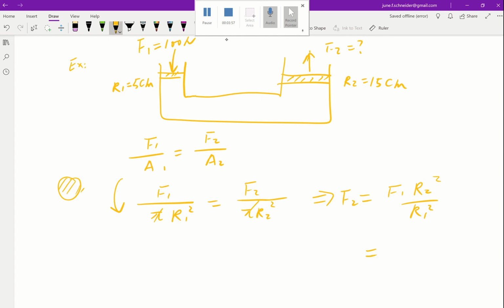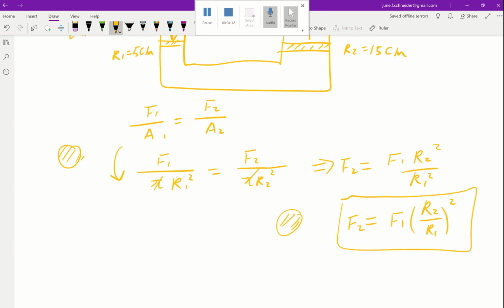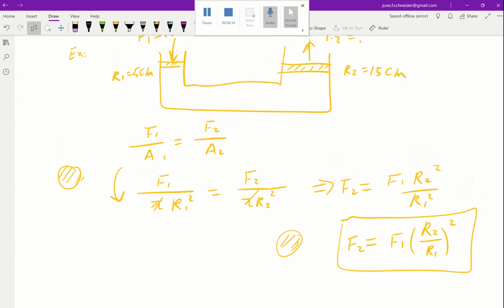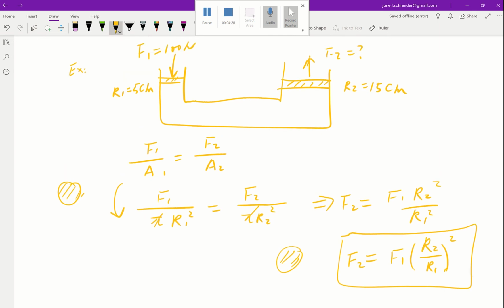Then F2 will be F1 times the R2 over R1 radius ratio squared. That comes in handy if, again, the assumption is the cross section is a circle. Then we know at the other end, F2 is going to be the radius ratio squared times higher.